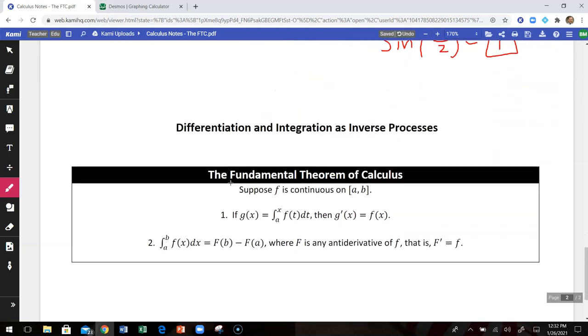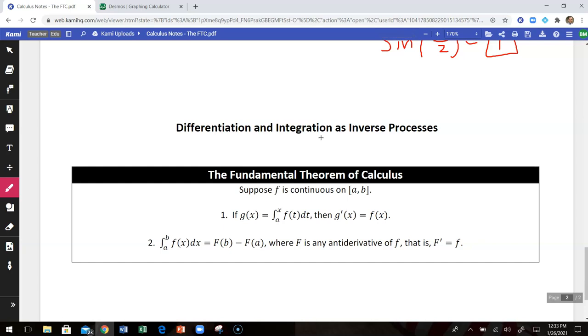Okay, so the main idea here in the fundamental theorem of calculus is that differentiation and integration are inverse processes. So just like addition and subtraction, or squaring and square rooting, those processes are inverses. They undo each other.